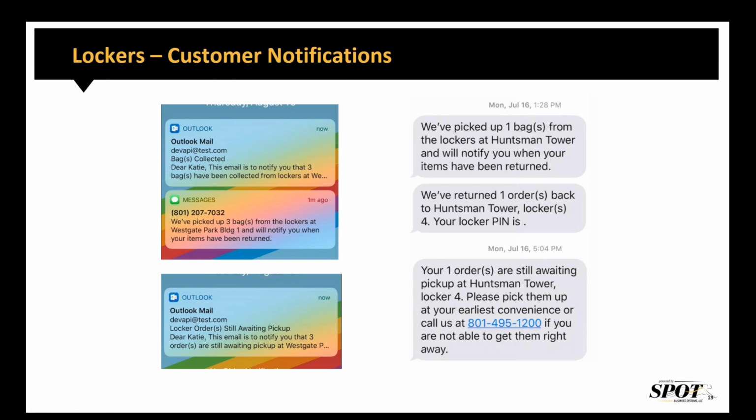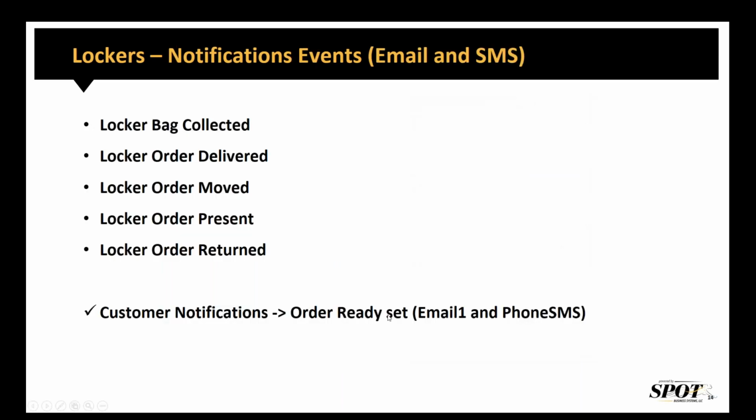So there's basically different kinds that you can configure, and you can do it for both SMS or email depending on your predilection. And here's the different kinds. So we have locker bag collected, locker order delivered, locker order moved, locker order present, and locker order returned. Obviously, the first one is just us picking up a bag that the customer dropped off. Number 2 is us coming back and delivering the order to a locker.